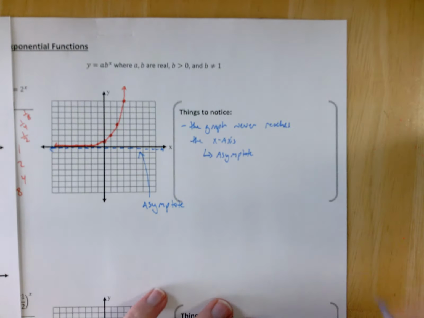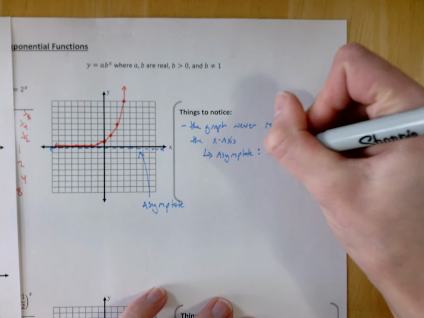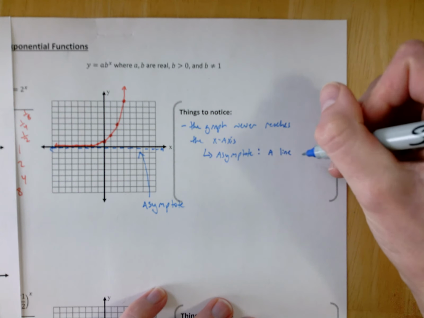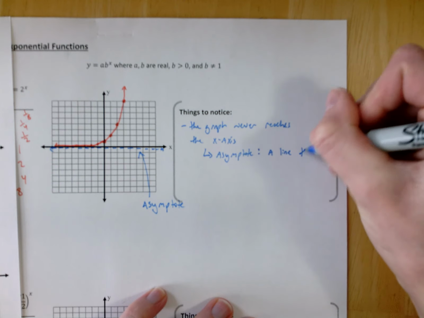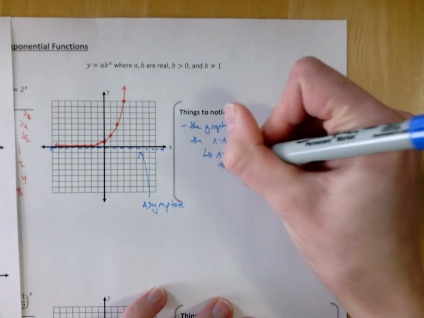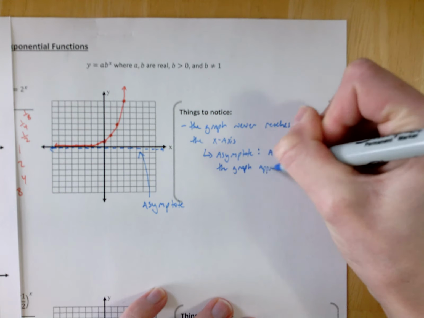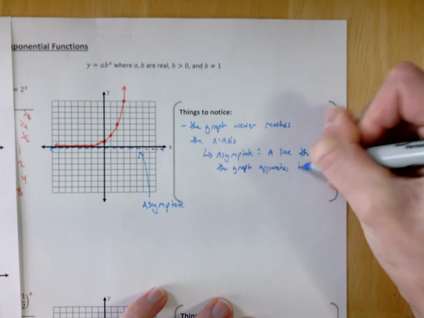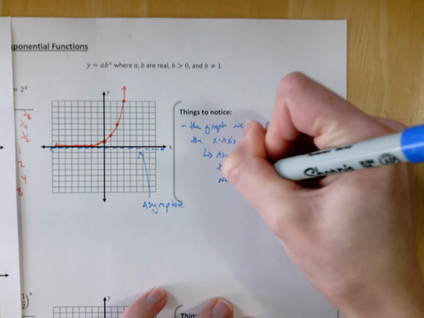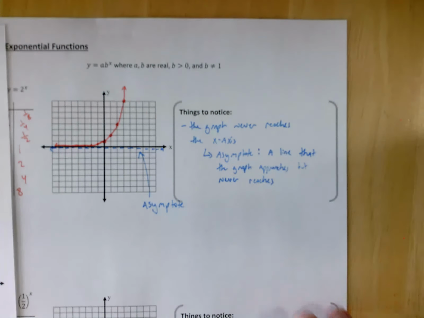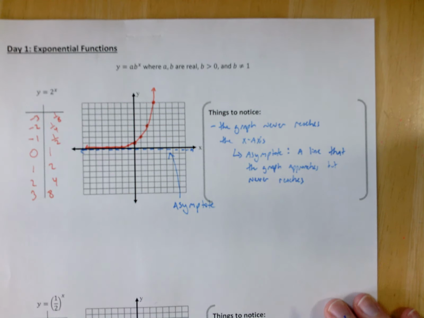All right, and the definition of what an asymptote is, okay, it is a line that the graph approaches but never reaches. And you're going to want to make sure you know that word. Okay, so that's an asymptote. So that's the first thing I want you to notice.